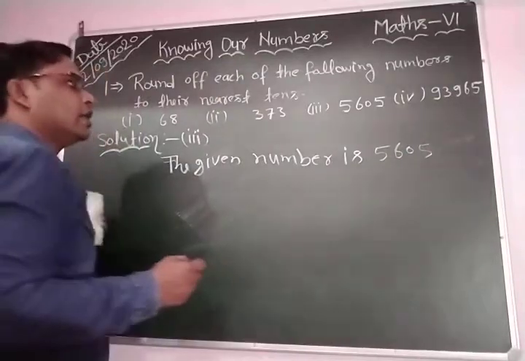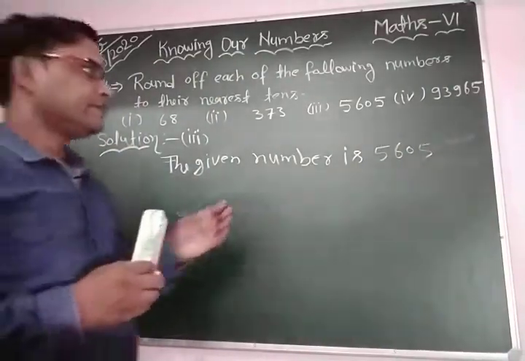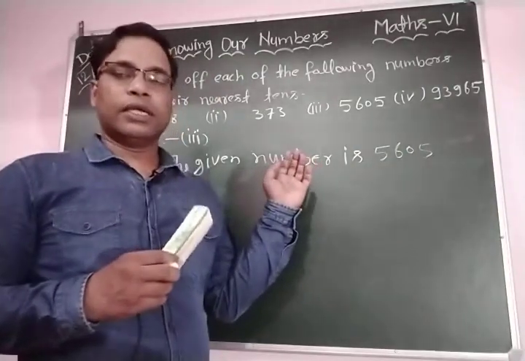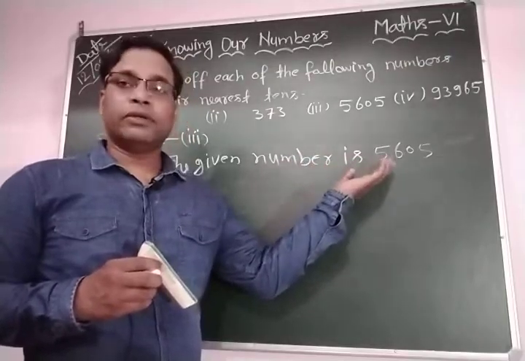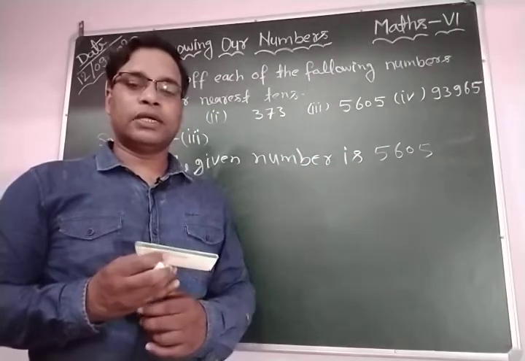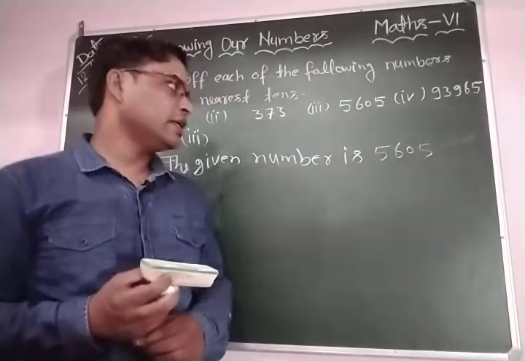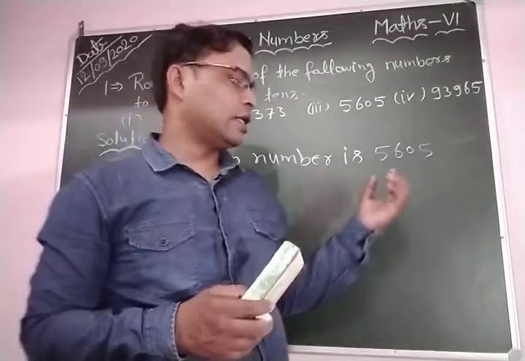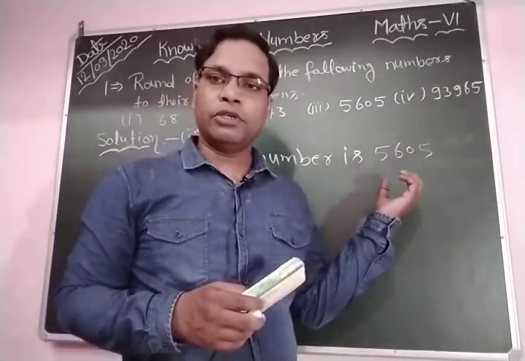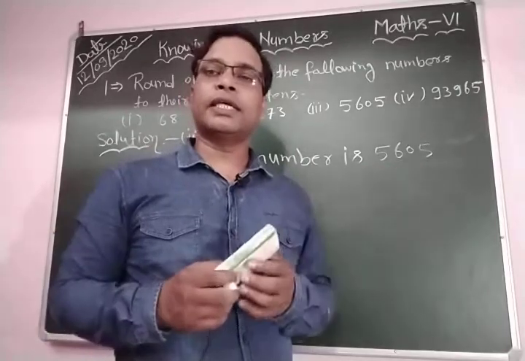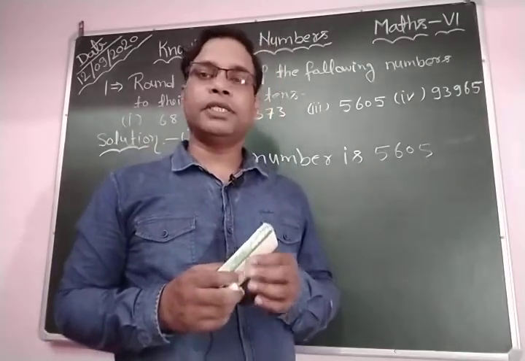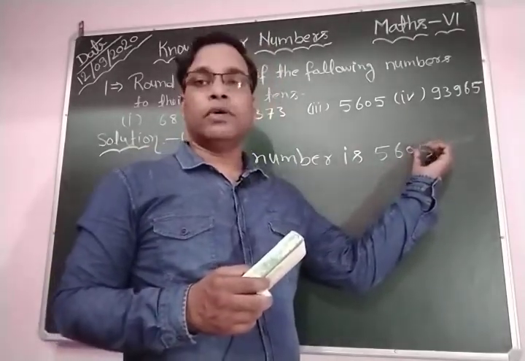We need to find the rounding of 5605 to the nearest tens place. For this, first we observe the ones place digit. When rounding to the tens place, we observe the ones place digit.